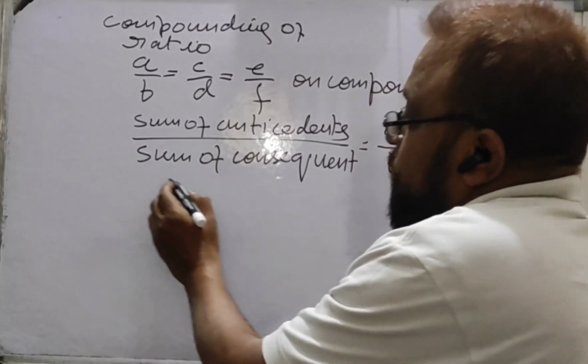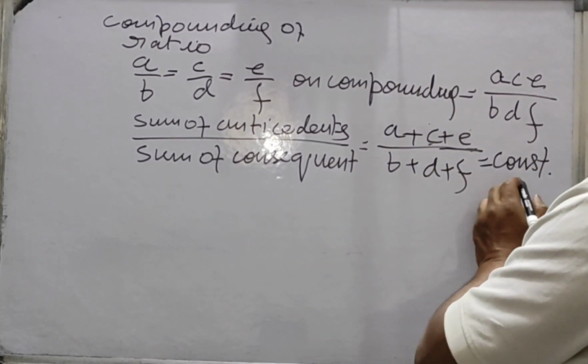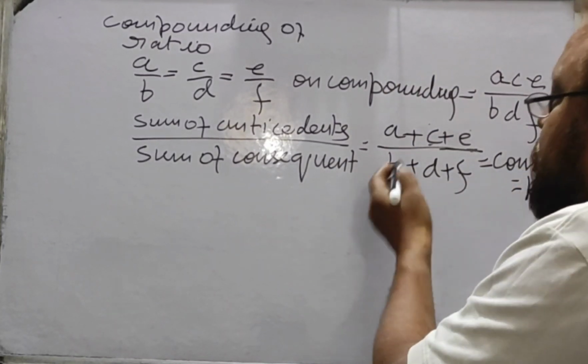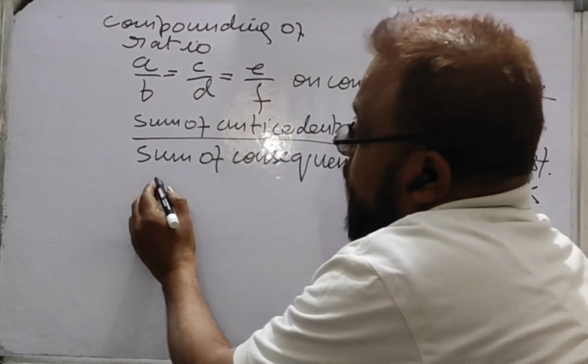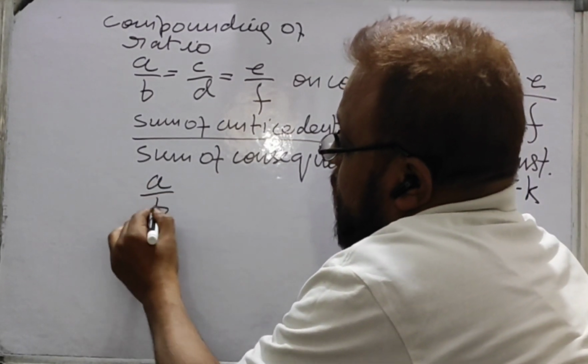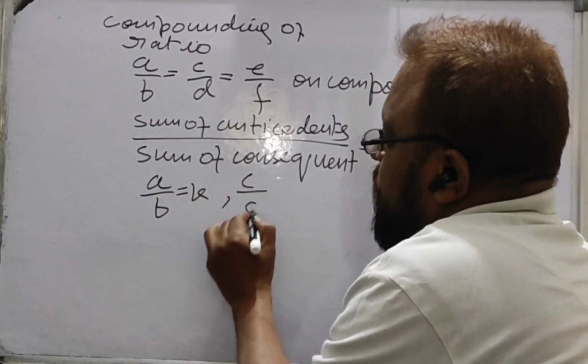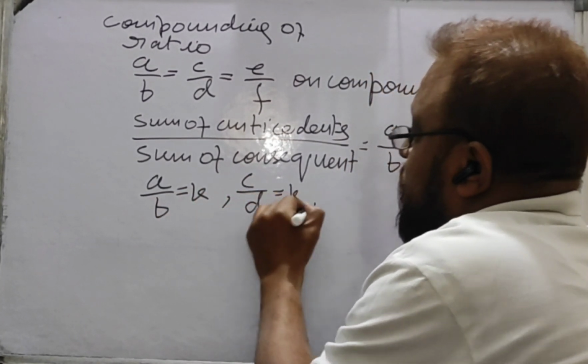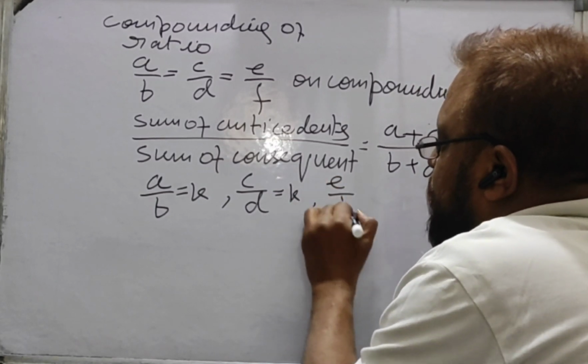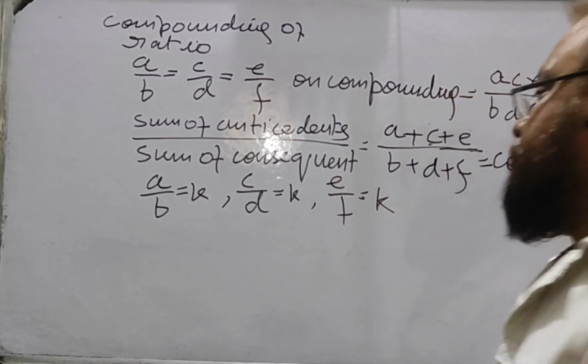That is, if the sum is K, then a upon b is equal to K, c upon d is equal to K, and e upon f is equal to K, right?